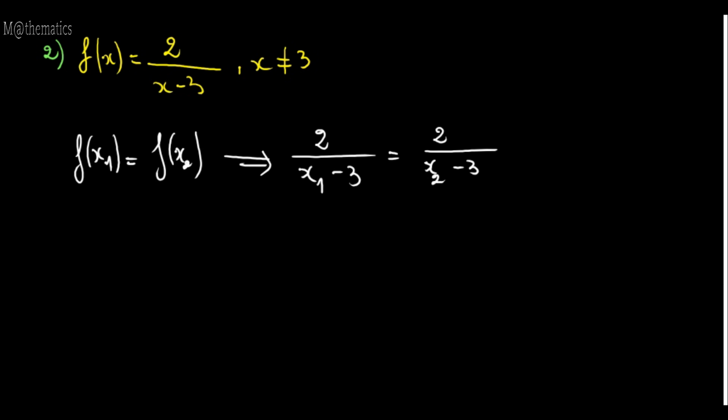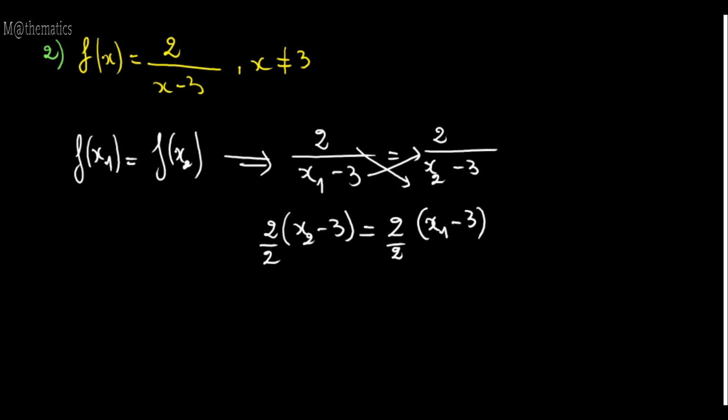Let's cross multiply. We are going to have 2 times x2 minus 3 is equal to 2 times x1 minus 3. Then we can divide both sides by 2.